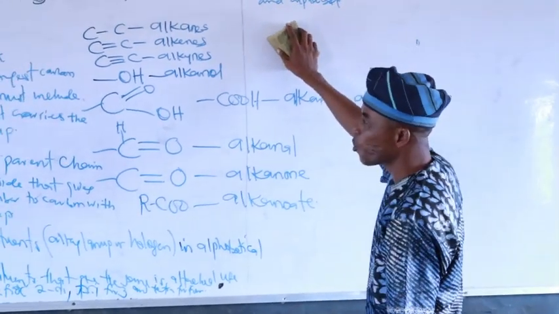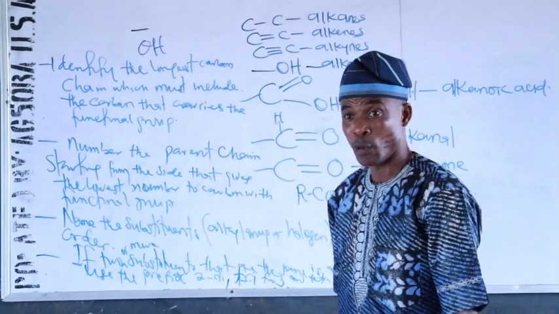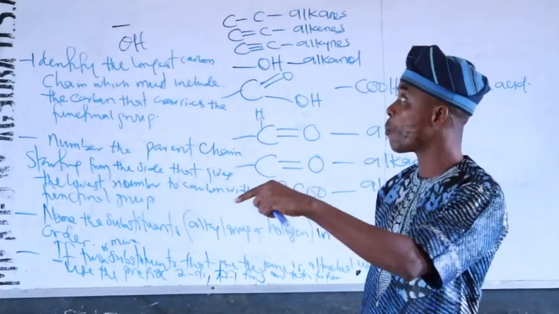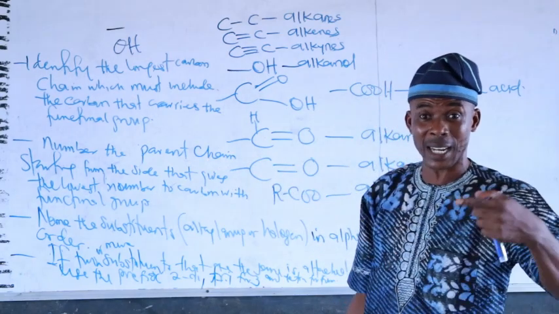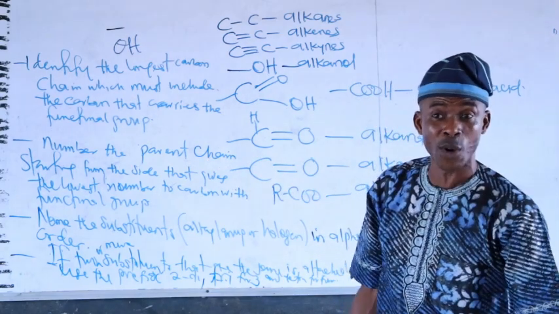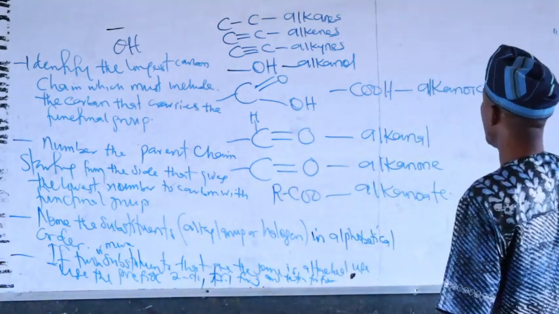The functional group is very important in writing the name, because the functional group tells you whether the compound we want to name is an alkane, an alkene, an alkyne, an alkanol, or an alkanoic acid. Are we together? Yes.